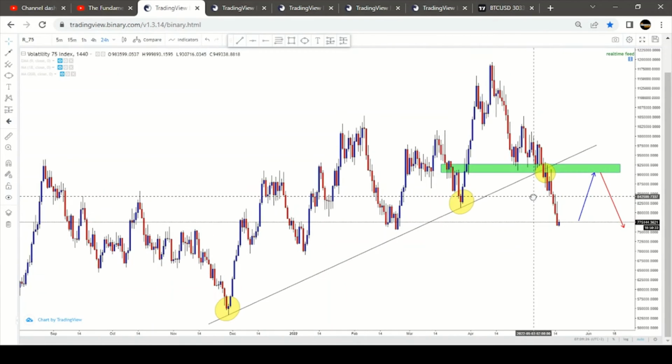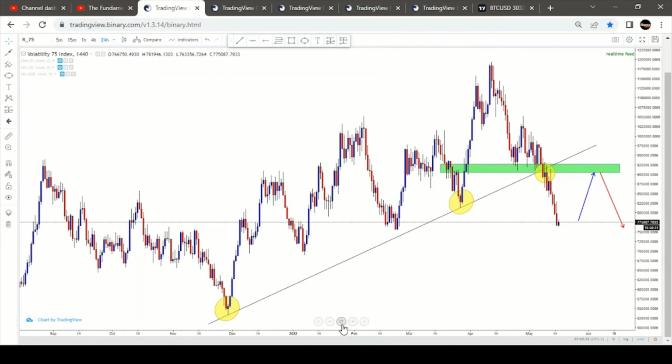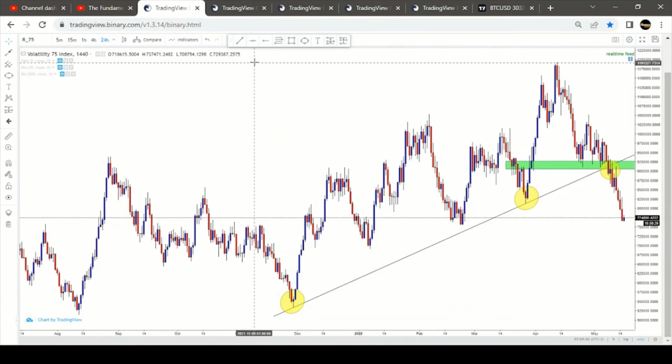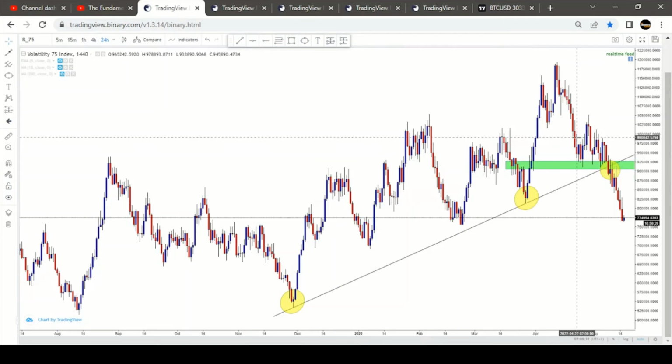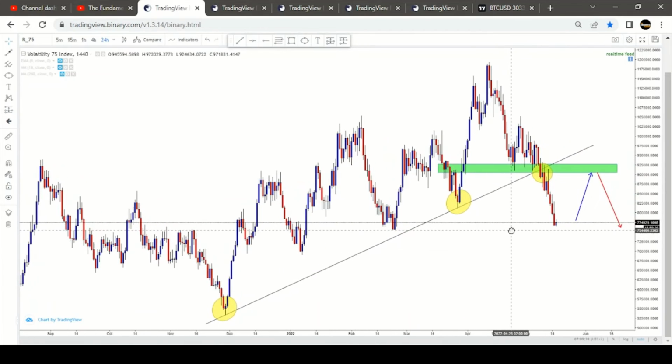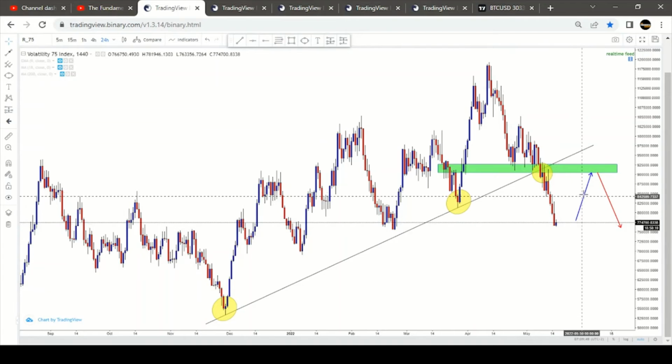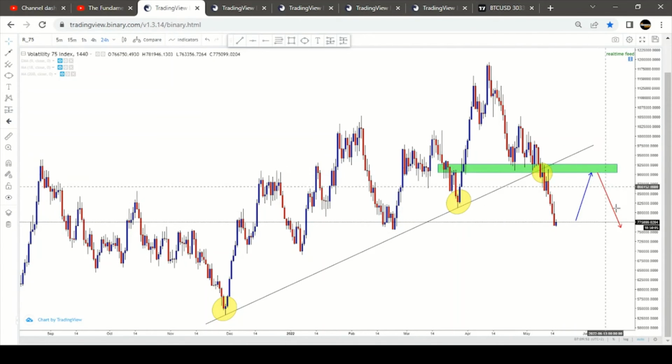There's not much more I could share, except that on the daily you get your direction. From this point, I'd advise you guys to wait. My outlook for Volatility 75 this week is to wait for a reversal, because I believe it should come up, retest this area, and come back down, and you could sell from this area.